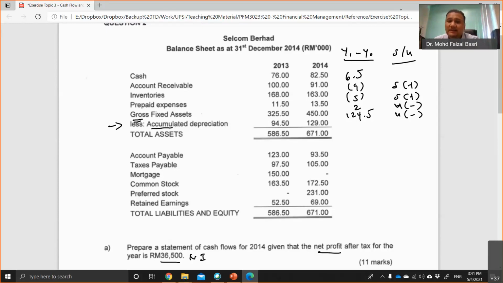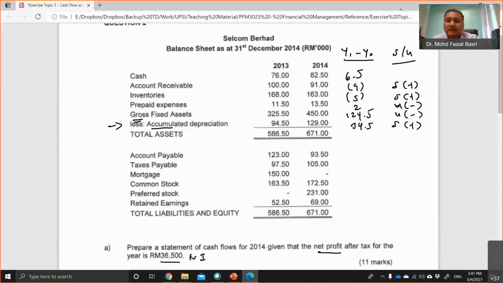To get the current year's depreciation, again you minus: 129 minus 94.5, we have 34.5. And depreciation is always sources.